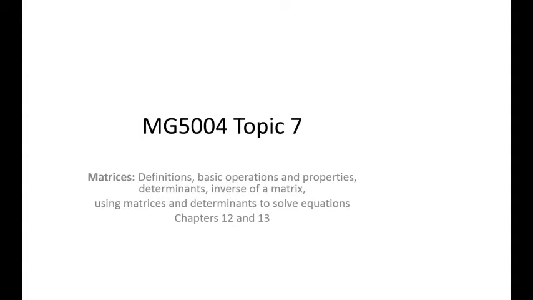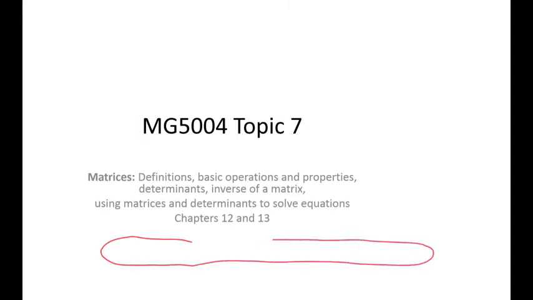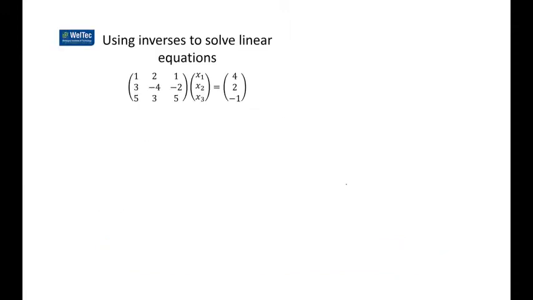What we're going to do today is look at how we can use matrices to solve systems of equations. Here we have a matrix A, a column matrix of x, x1, x2, x3, which we can call x, and the answer, b.